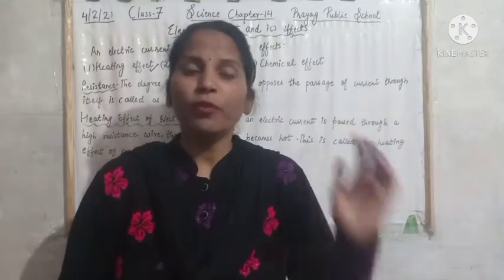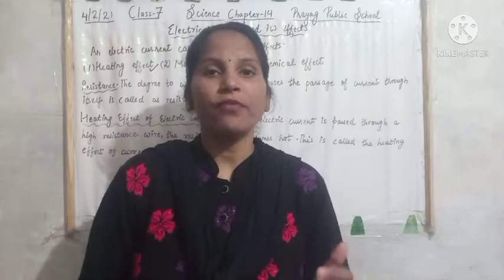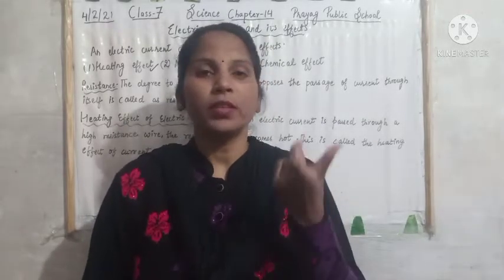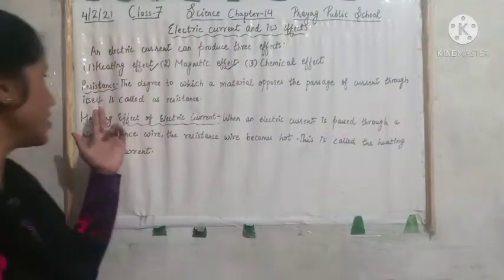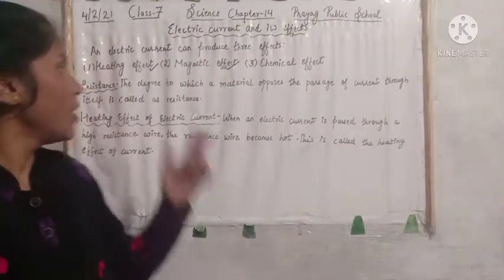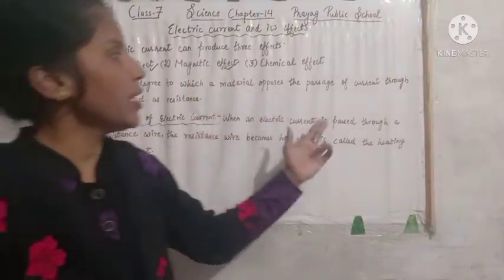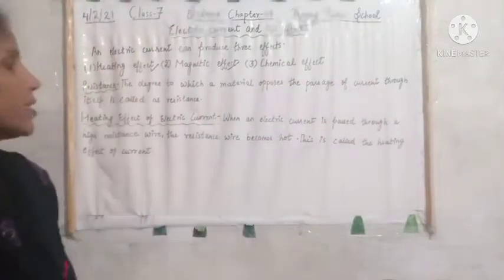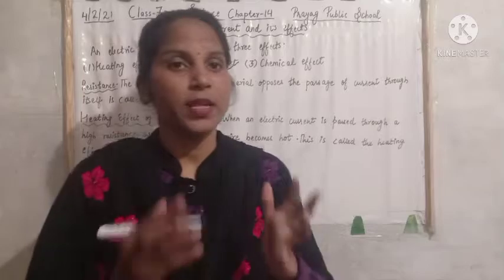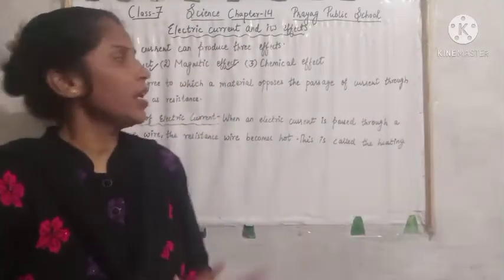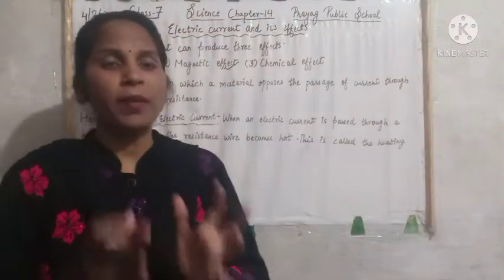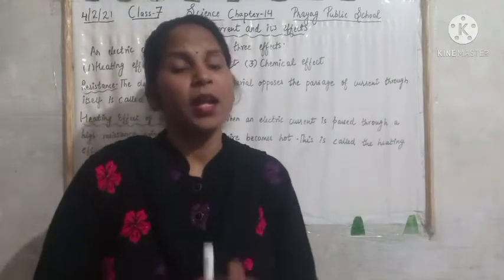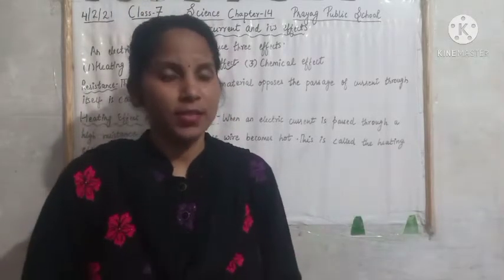Now before proceeding to the heating effect of electric current, you should be aware of a term, that is resistance. What is resistance? The degree to which a material opposes the passage of current through itself is called resistance. Means it is the degree of a material, कोई भी material की degree होती है कि वो electric current को कितना oppose करता है, that is called resistance.